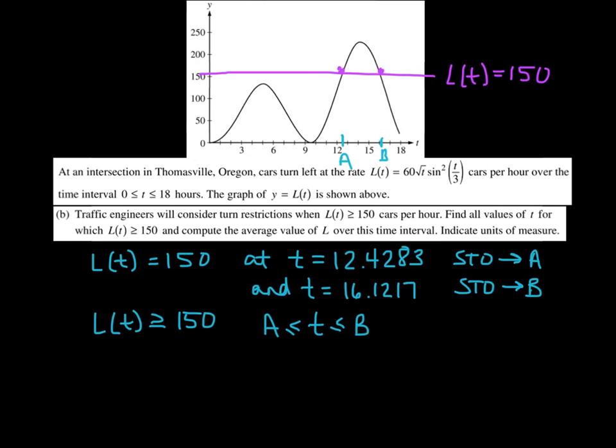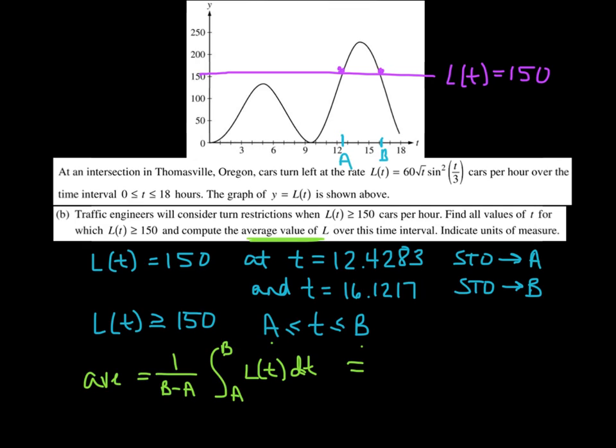Okay, so now it wants me to compute the average value of L over this time interval. So what time interval? Well, from A to B. And average value is the average of a function. So the average is going to be 1 over B minus A times the integral from A to B of L of t dt.